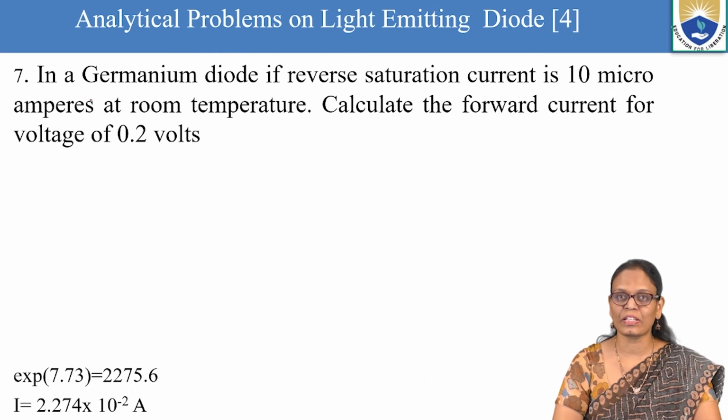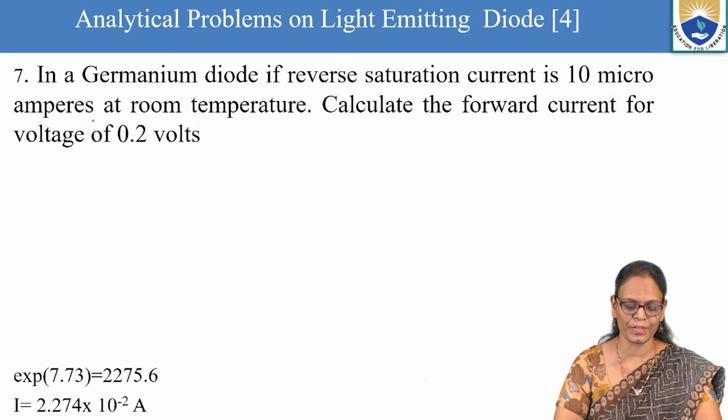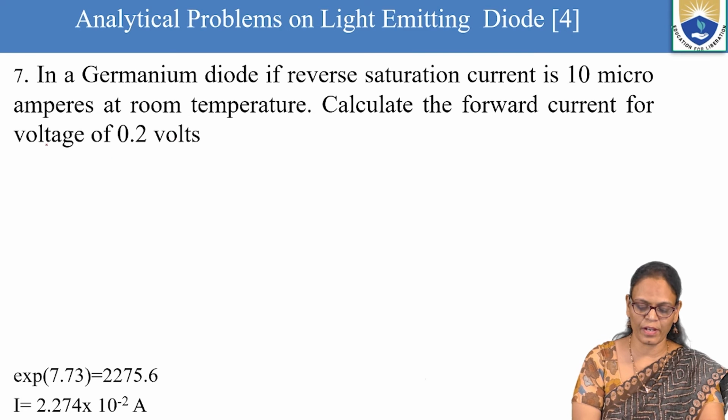Now coming to the seventh one. In a germanium diode, if the reverse saturation current is 10 microamperes at room temperature, calculate the forward current for a voltage of 0.2 volts. So what we have to write first is the data.